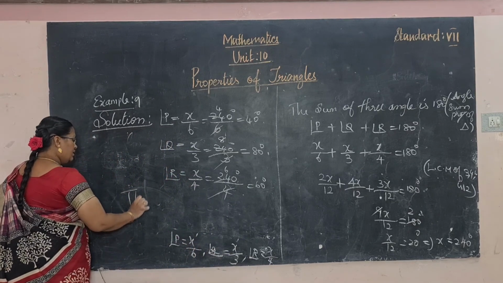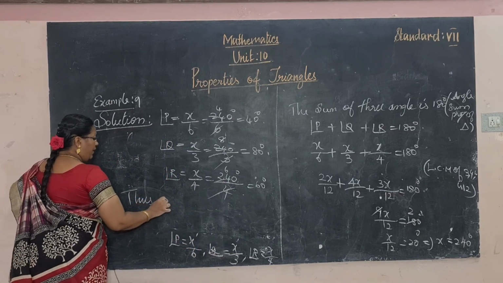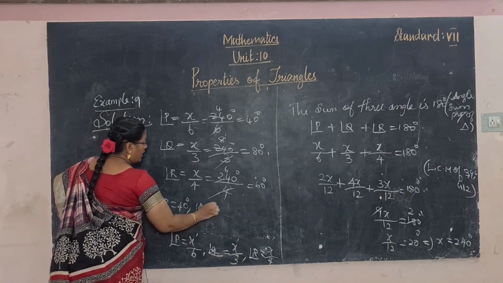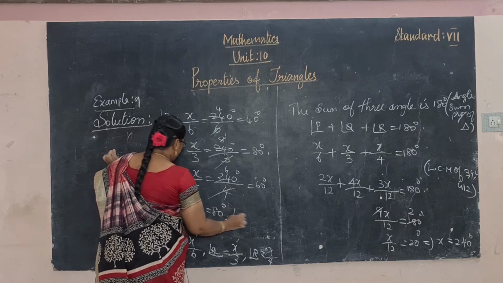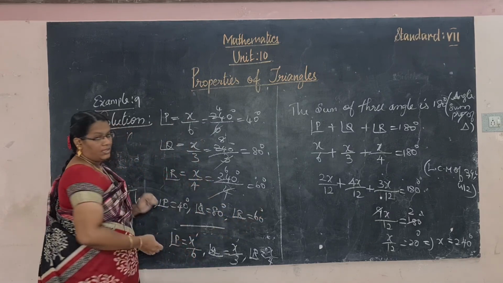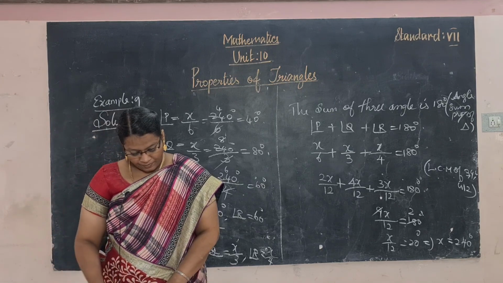Thus angle P is equal to 40, angle Q is equal to 80 degrees and angle R is equal to 60 degrees. That's it.